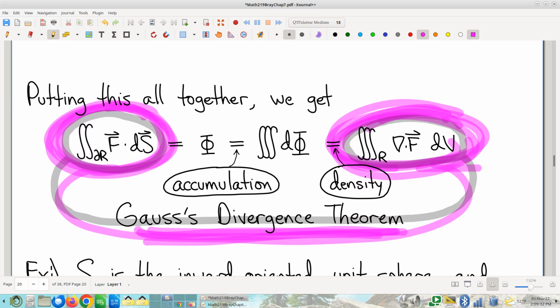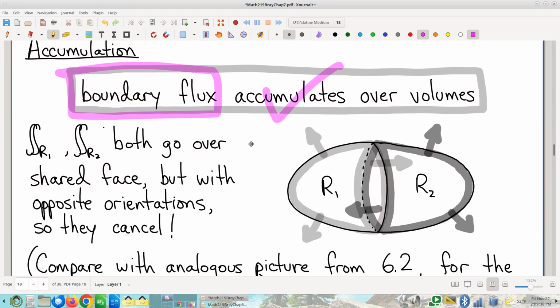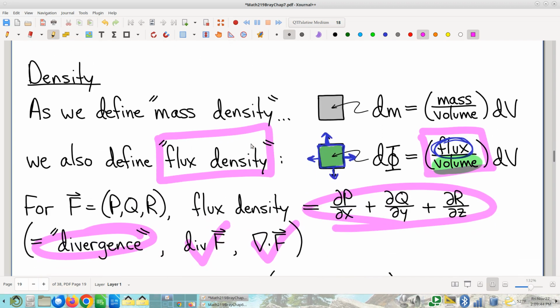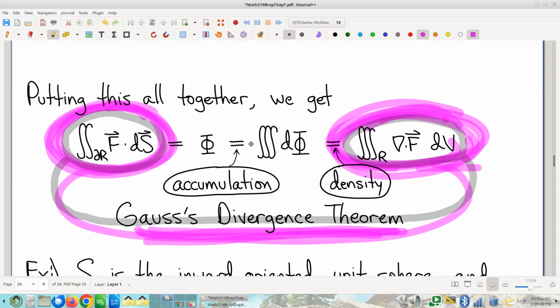And again, this is a template theorem. As soon as you know we have an accumulating quantity, that makes it a stuff distributed through the interior with an associated density, and quantity is an integral of density. So that's where the theorem comes from. What do you think?